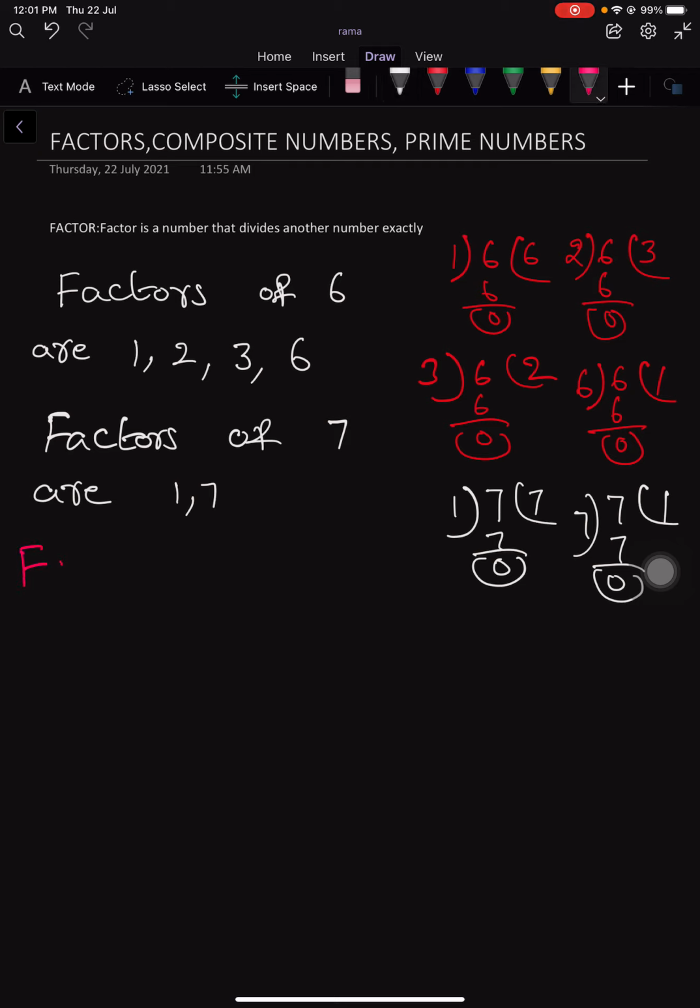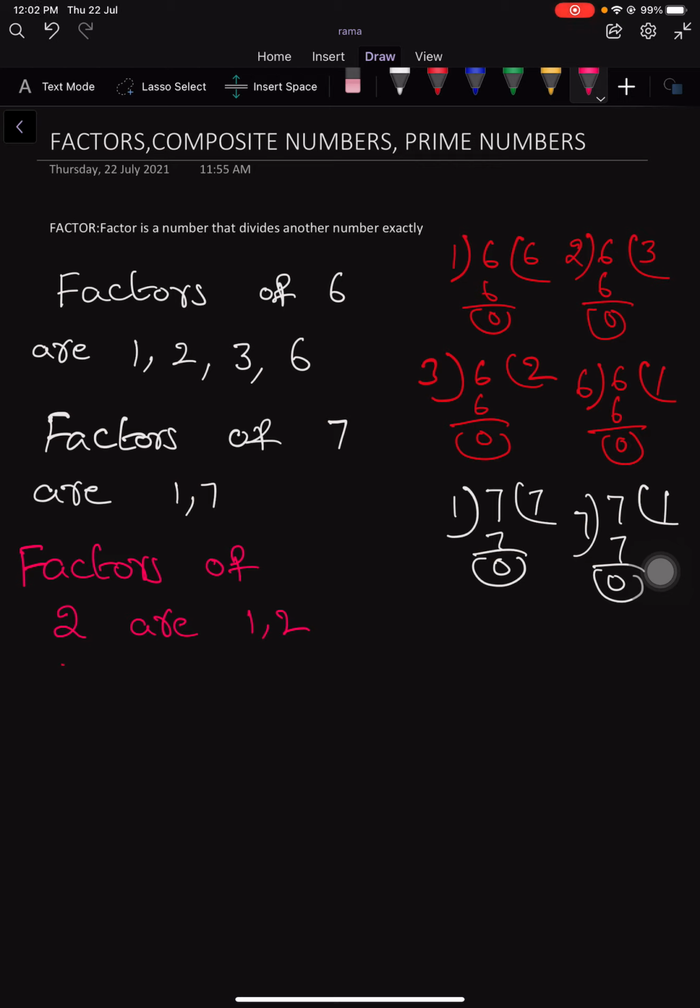Factors of 2 are 1, 2, because 2 is not divisible by any other number.